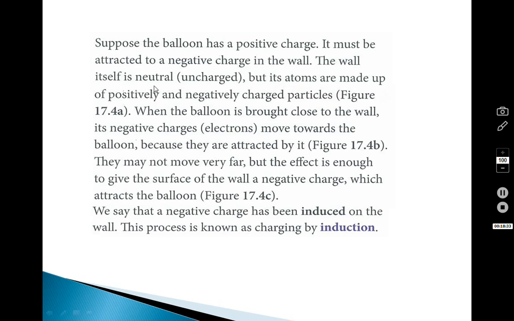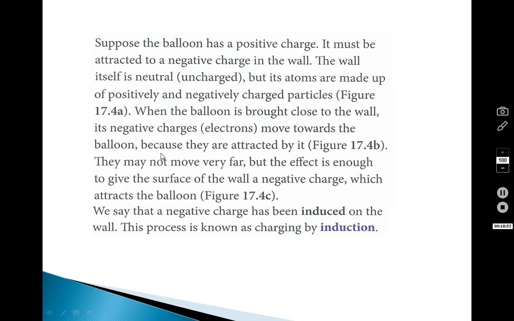So the wall itself is what? Neutral, uncharged, but its atoms are made up of what? Positive and negative charges. So when the balloon is brought close to the wall, its negative charges, electrons, move to where?